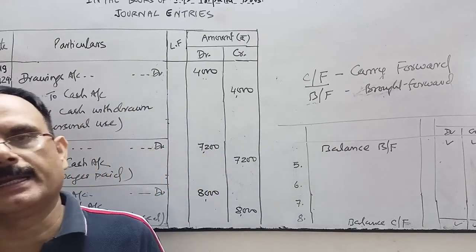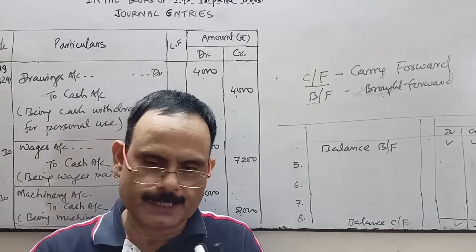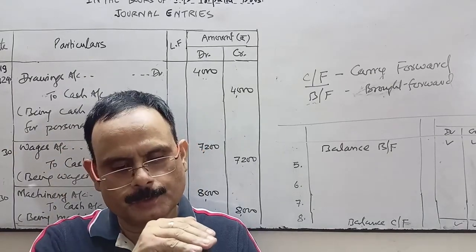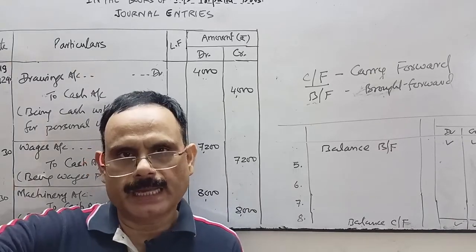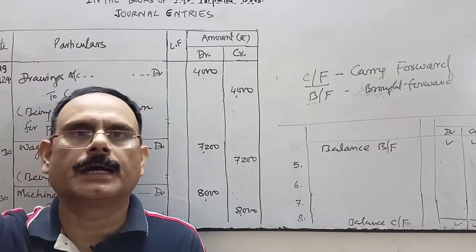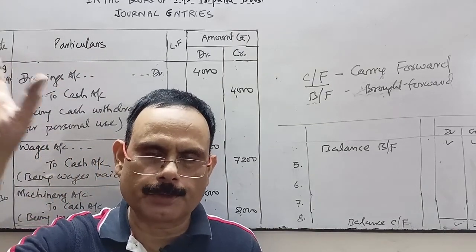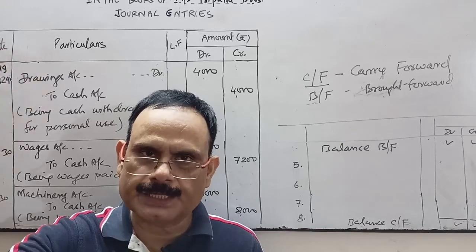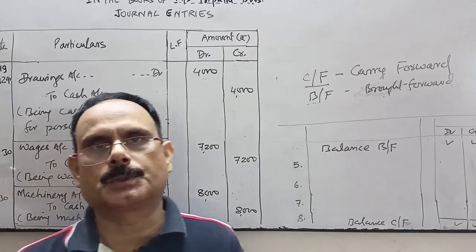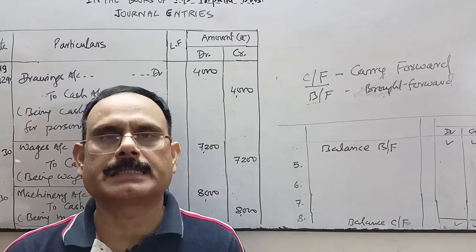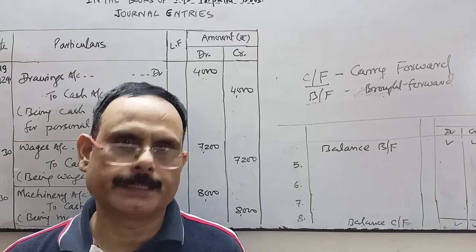One page total, which is called balance carry forward, will be the balance brought forward at the next page, the first entry. First we will write the amount of the previous page total, and then we start the further transactions, and this process goes on till the end of the financial year.